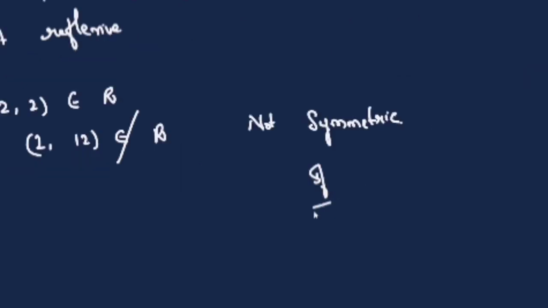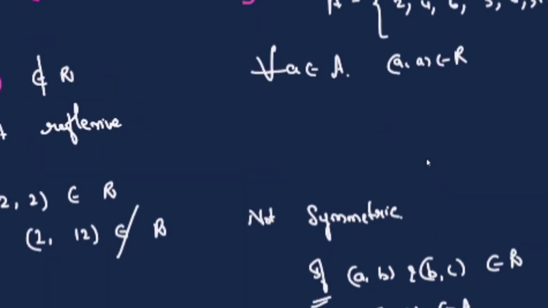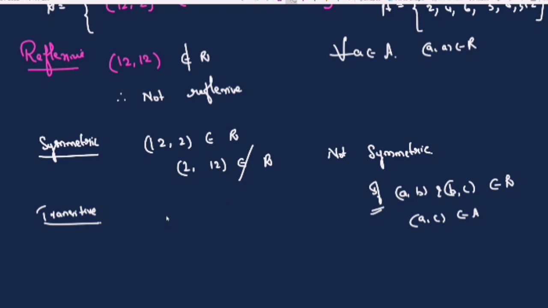No. The condition is very important: if (A, B) and (B, C) belong to R, then you have to check. Only then can we check for transitivity. If this condition is not there, we cannot prove that it is not transitive. So it is taken as transitive. Therefore, it is transitive. It is not an equivalence relation because it is not reflexive and not symmetric, but it is transitive.